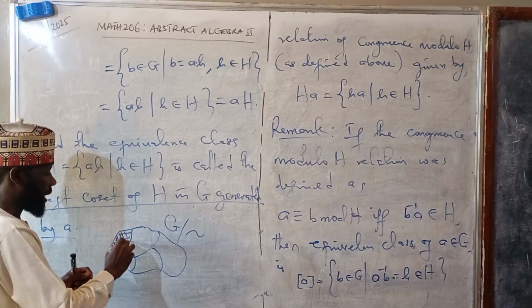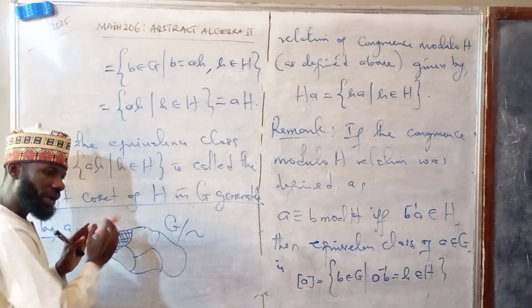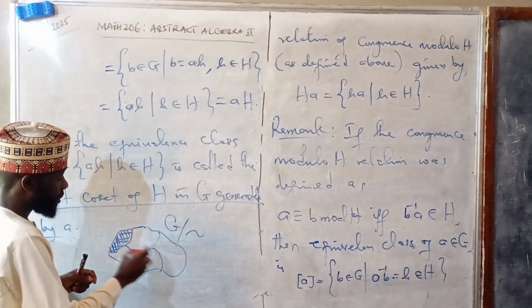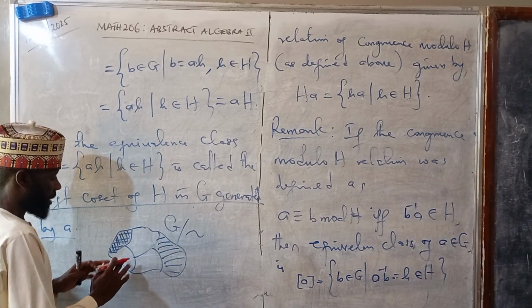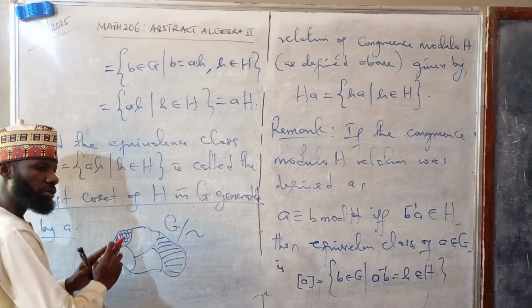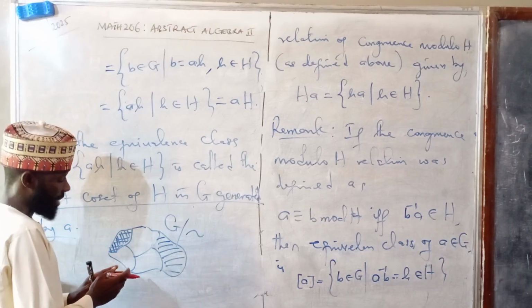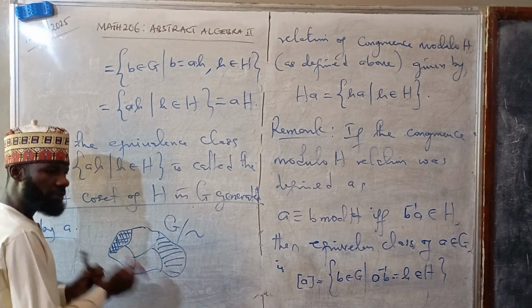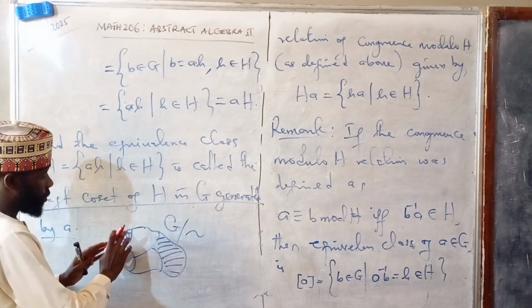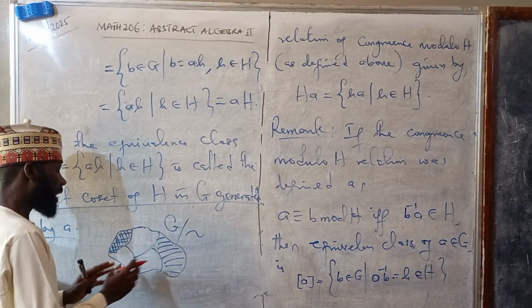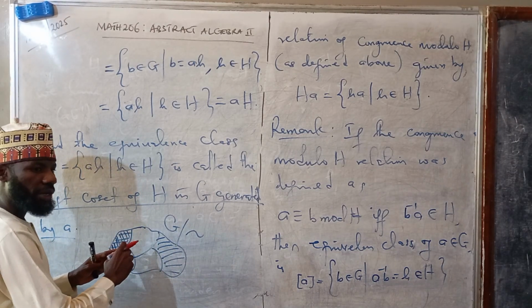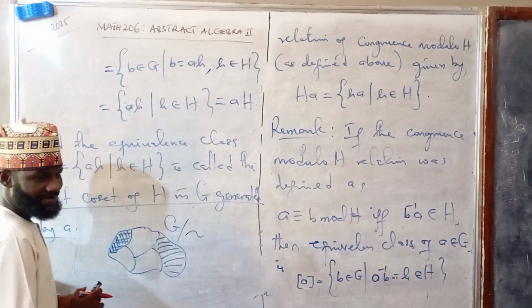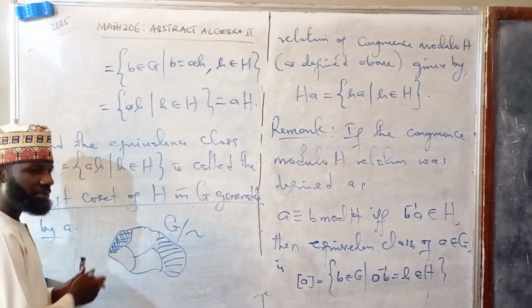So you are looking at this as one element, even though it is a whole class of elements. And you also look at this as one element, and this one element. So it may be a group of hundreds of elements, but at the end of the day, we have only 5 elements now. So if you treat the classes as elements, they may not form a group.